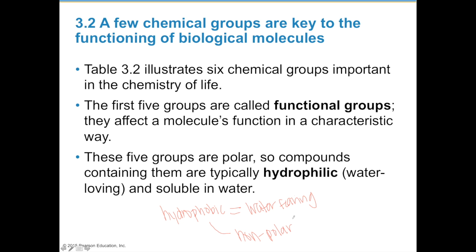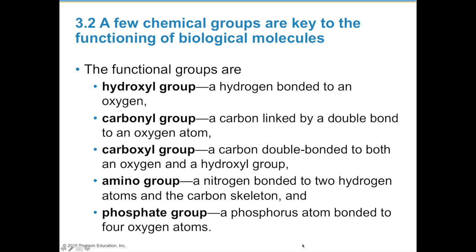All right, nonpolar things want nothing to do with a polar molecule. They're not the same. They're not going to intermingle. All right, so here are the functional groups: hydroxyl group, carbonyl group, carboxyl group, amino group, phosphate group.